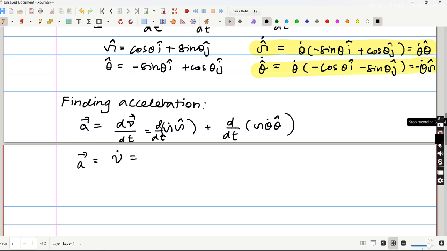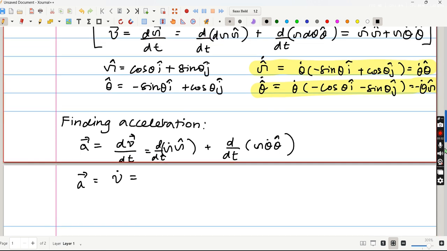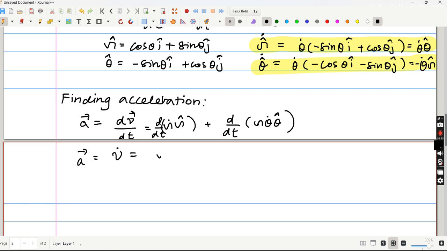So dot means first order and double dot means second order. And so we have to use the product rule, keeping this constant.